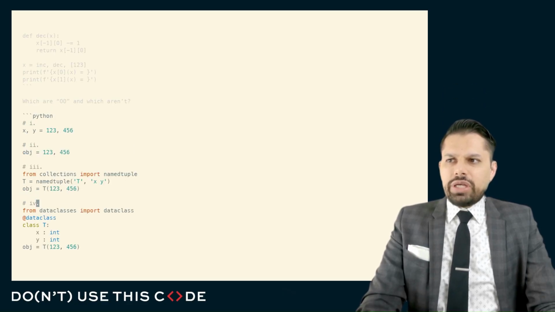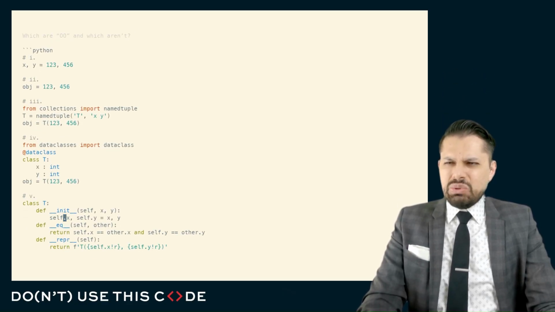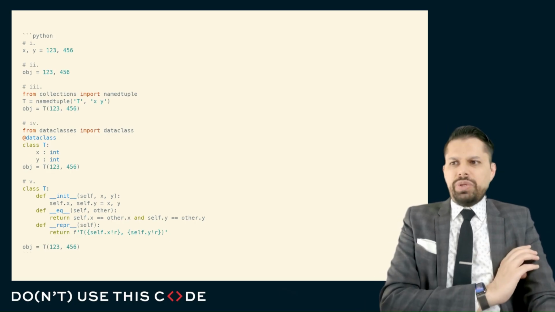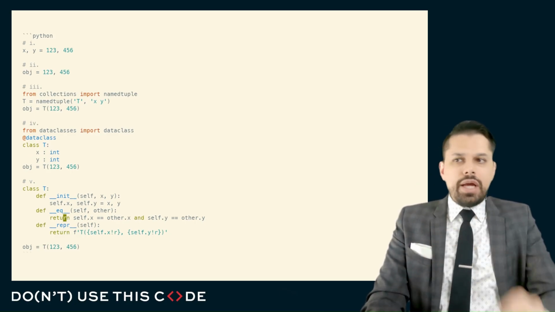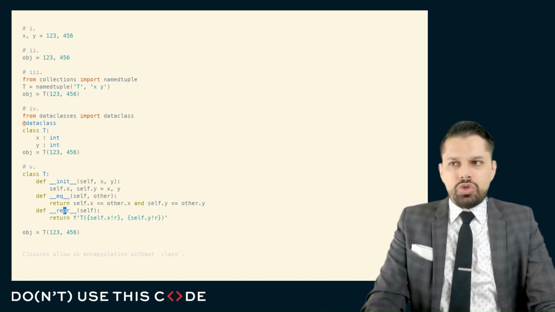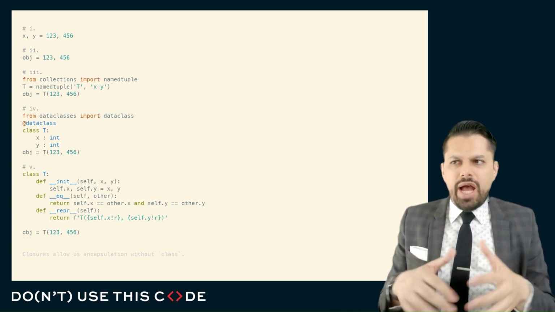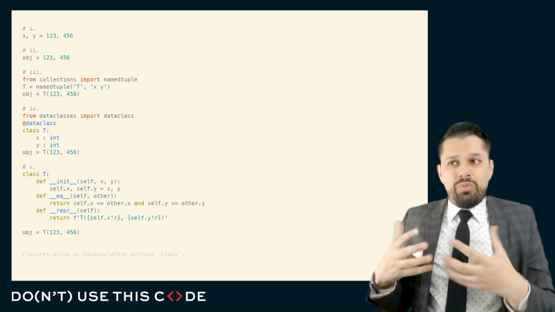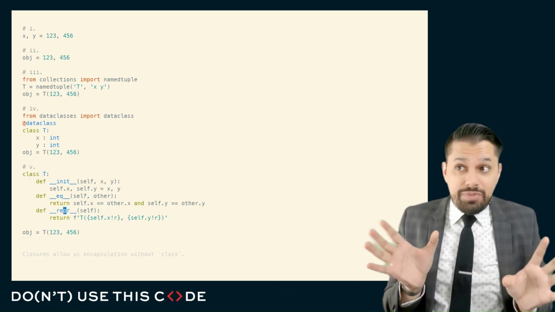In fact, if we look at a couple of choices and try to say where the line is between object orientation and the non-object-oriented approach, we would almost certainly draw that line before choice number 4 or choice number 5. It is absolutely the case that when you write that class keyword, that's definitely going to be object orientation.